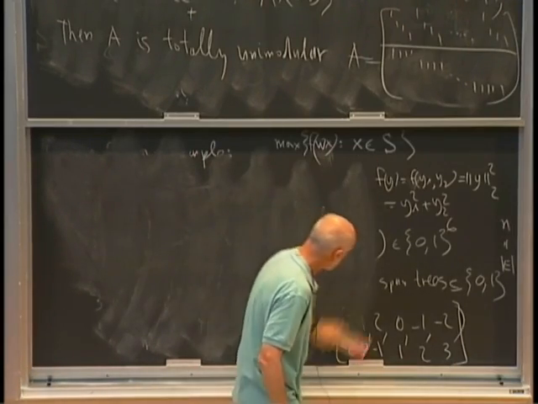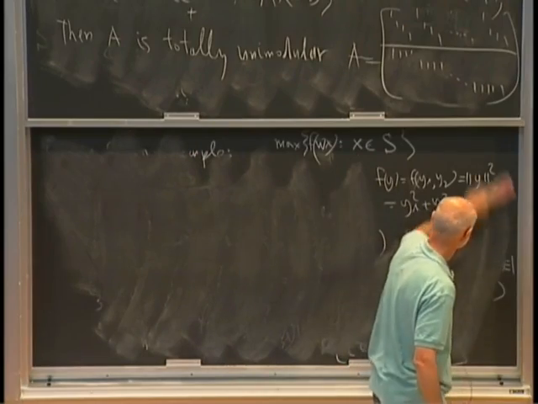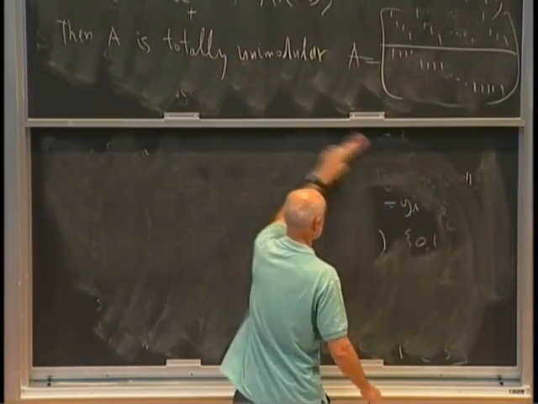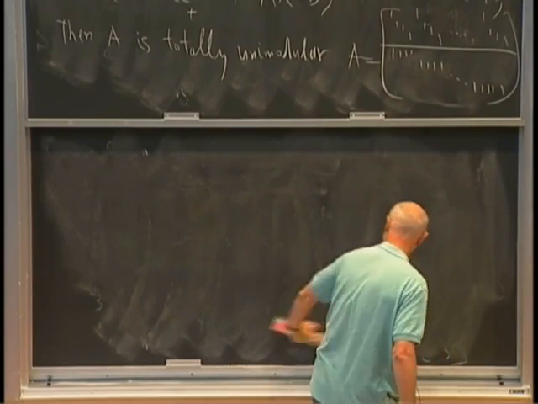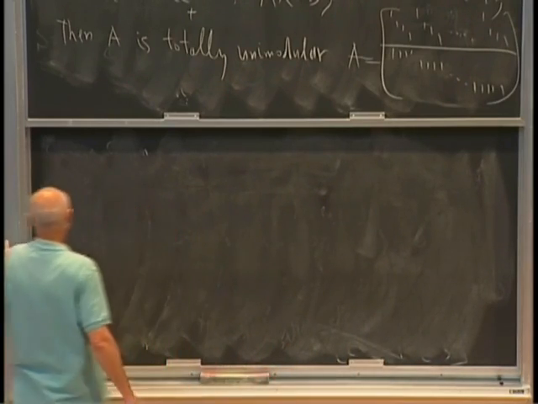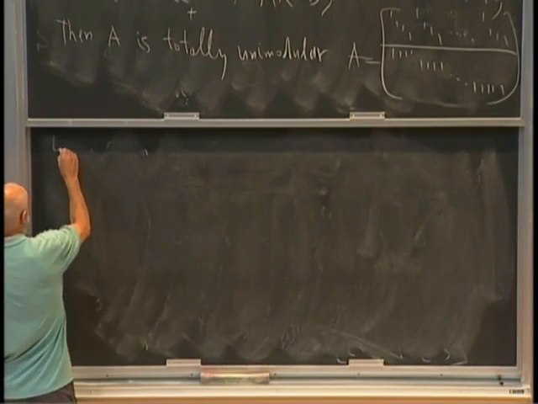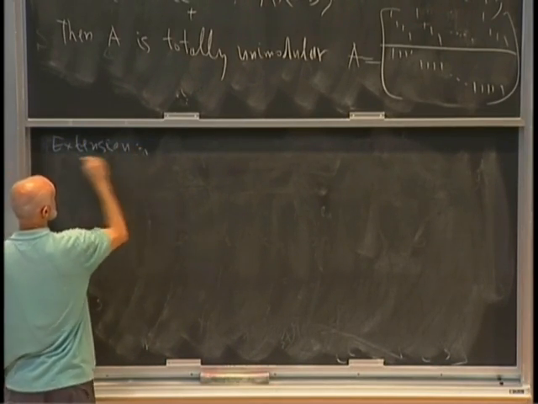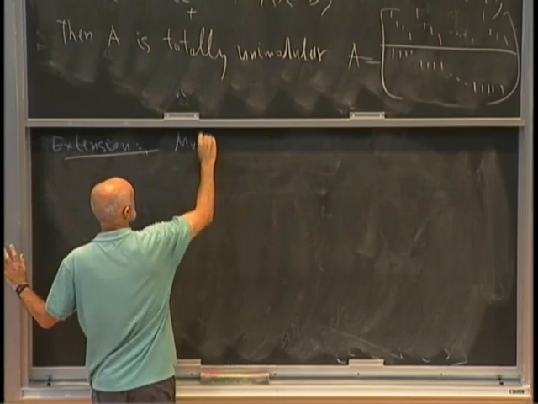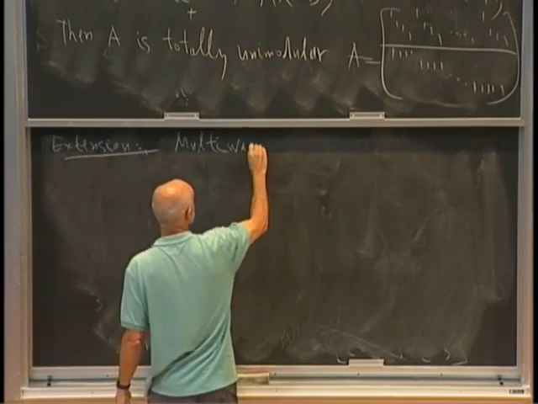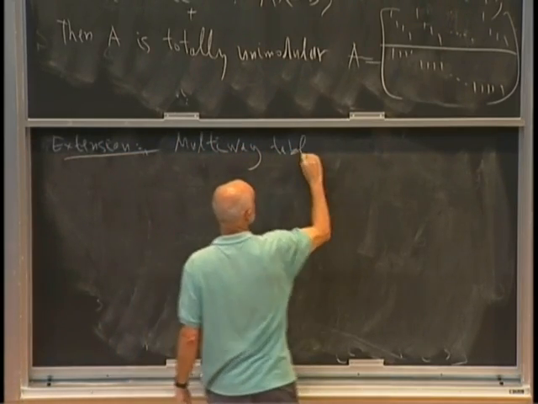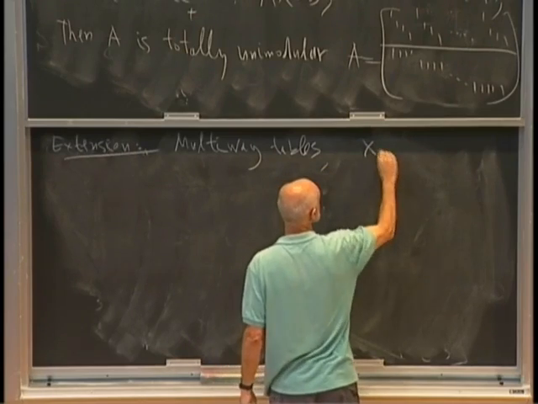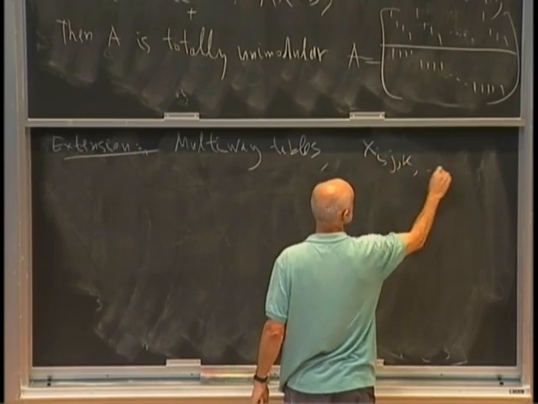And this is going to be my last example for this hour. So there are various extensions to tables, actually. There are extensions, multi-way tables, so multi-indices, x_ijk, and so on.